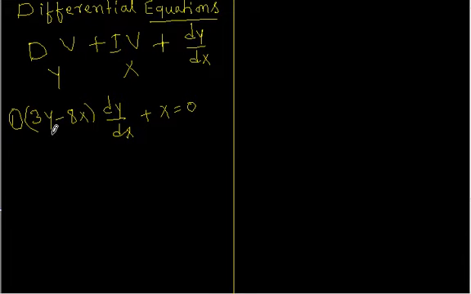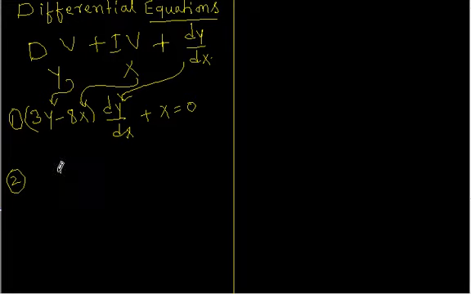In this first differential equation, we have the dependent variable y, the independent variable x, and the differential coefficient of the dependent variable with respect to the independent variable. This is dy over dx. Let me write one more.